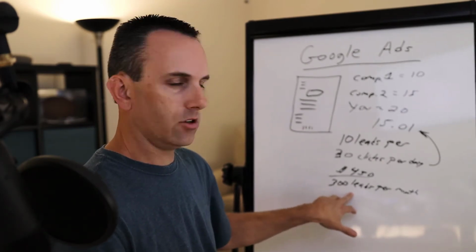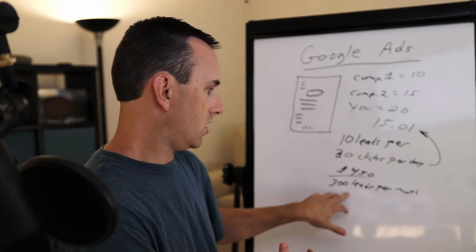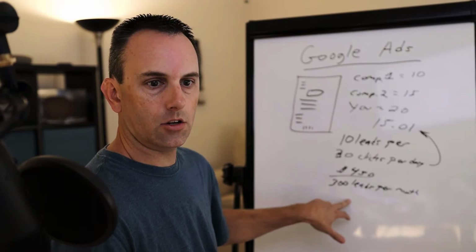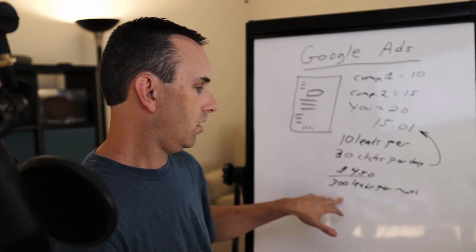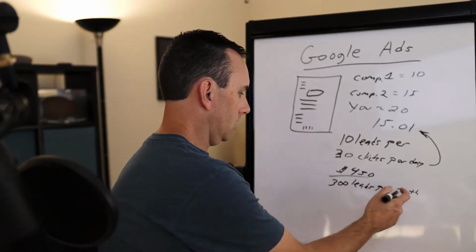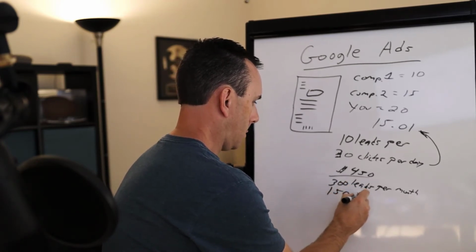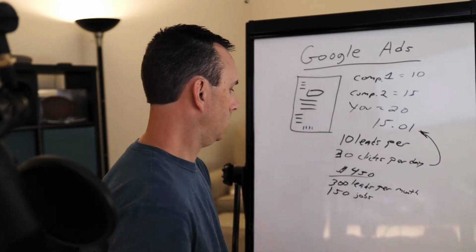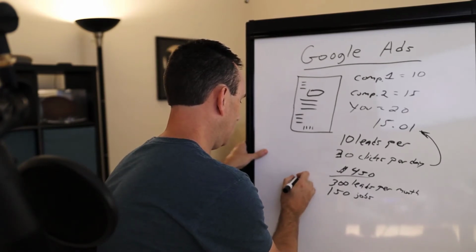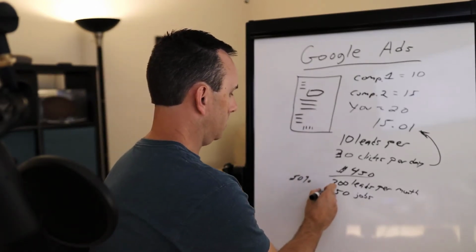Now, you're not going to land all 300 of these leads, of course. So you also have to think about your conversion rate, as far as being able to convert these leads into estimates and estimates into paying jobs. Say, for example, you're a decent closer and you can close 50% of these leads. So now you're at 150 jobs, because you can close 50% of 300 leads.